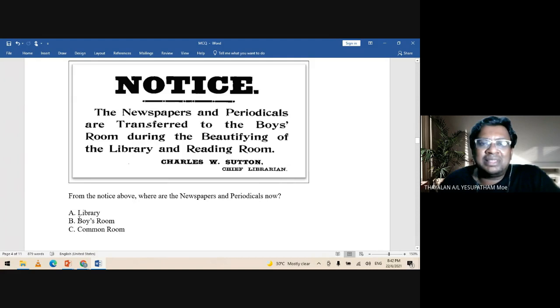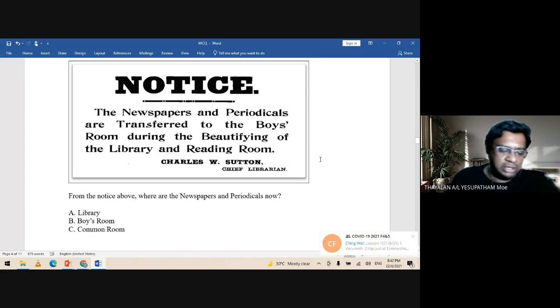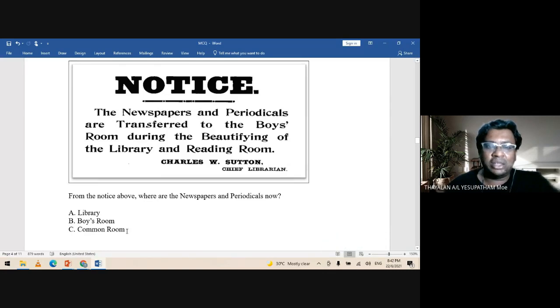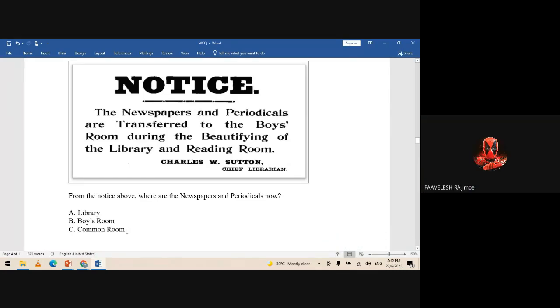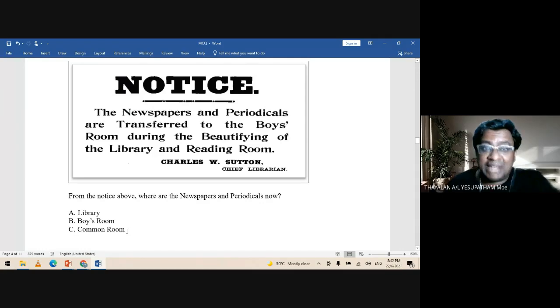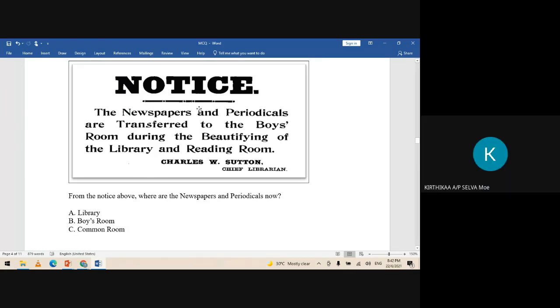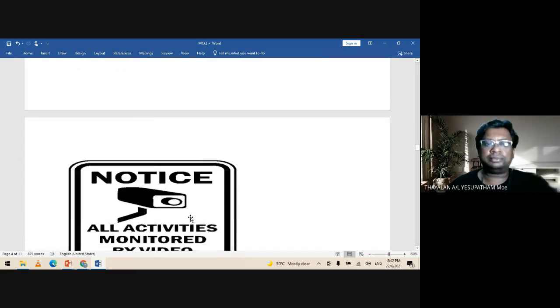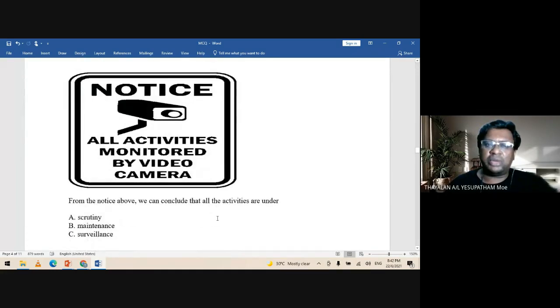The newspapers and periodicals are at present transferred to the boys' room during the beautification of the library and reading room, which means the answer is, where is it now? Yes, B, boys' room.